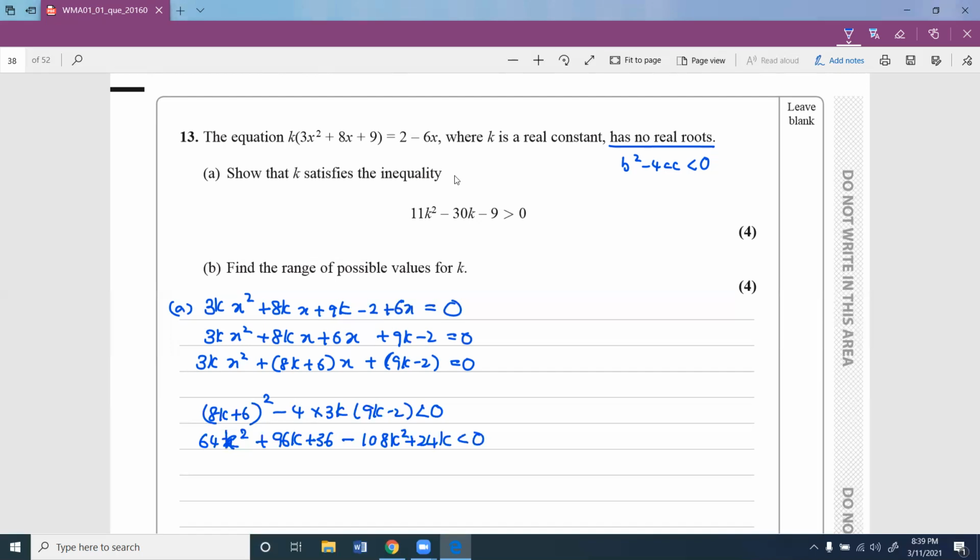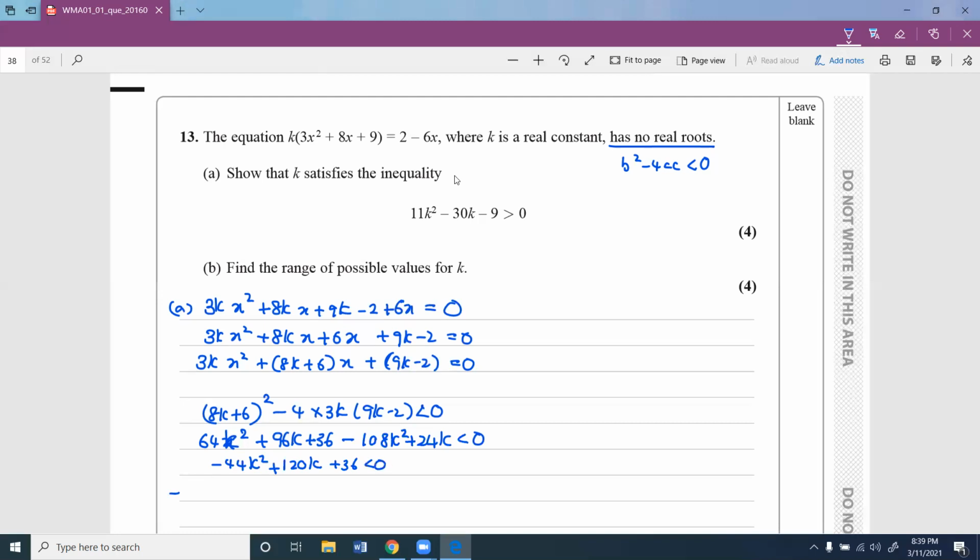If you simplify this, 64 minus 108 is minus 44k squared. Then if you just do this, 96 plus 24 is 120k. Plus 36 is less than 0.